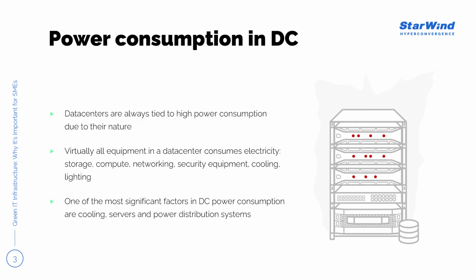Again, the numbers and proportions can vary from company to company, but these factors are the most common from our point of view. It is also important to understand that you most likely cannot reduce power consumption significantly by addressing only one of these factors. In fact, this requires a complex approach that takes multiple factors into account as they are all tied together.